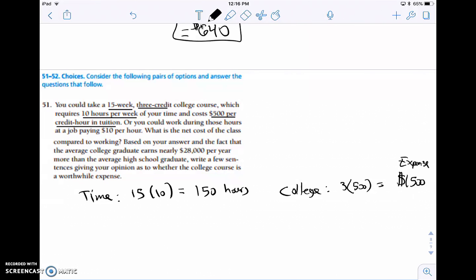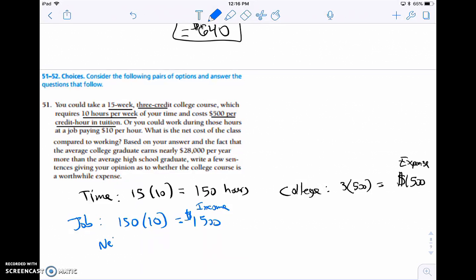And now if we look at the job, the job again is going to be the same number of hours, so 150 hours, times $10 an hour. So that's going to be $1,500 of income. So what's the net cost of the class? When we look at the net cost, the class is going to be an expense of $1,500.